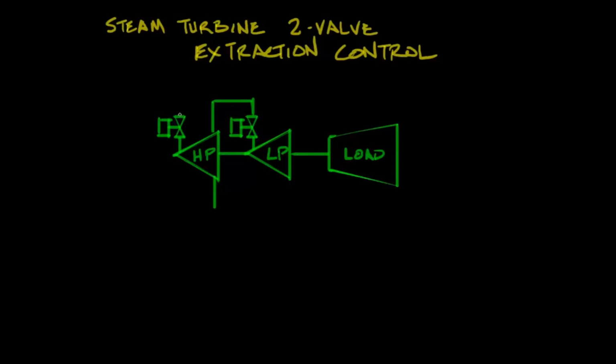Generally, what the customer is trying to control is the pressure in the inlet header to the front end of the steam turbine and the speed of the turbine for managing the compressor or some aspect of the process.